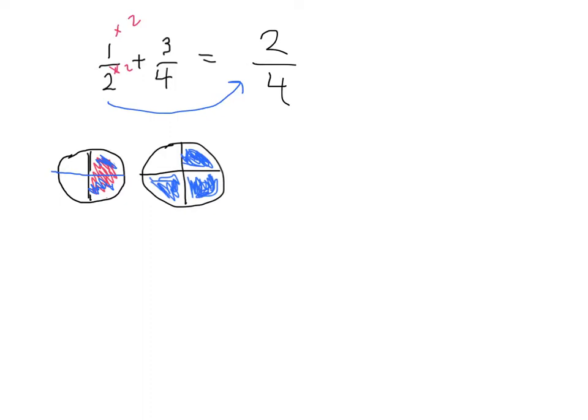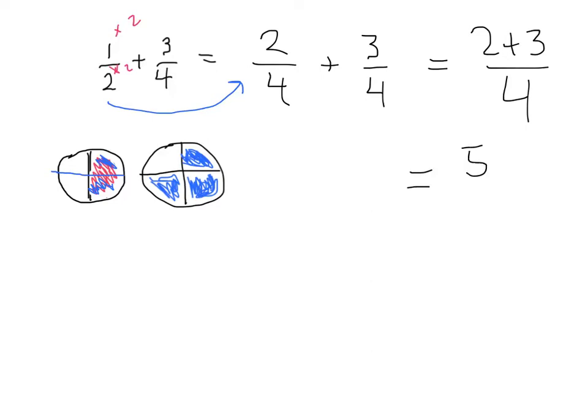So now we have 2/4 and 3/4, which means we can now add the numerators because we're simply counting 1/4 size pieces. So we have 2 plus 3 1/4 size pieces. This is, of course, 5/4, also written as 1 and 1/4, because 5 full 1/4 size pieces is a whole pie plus one more quarter.